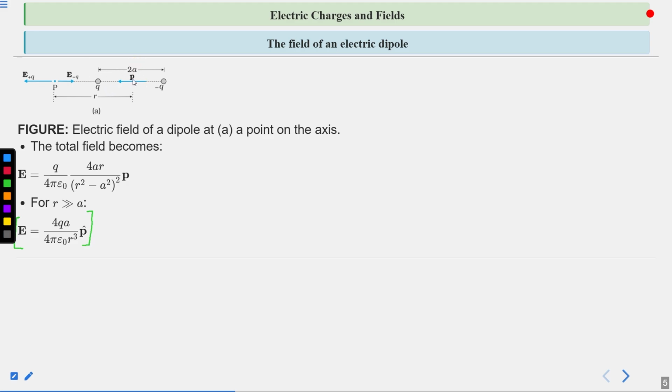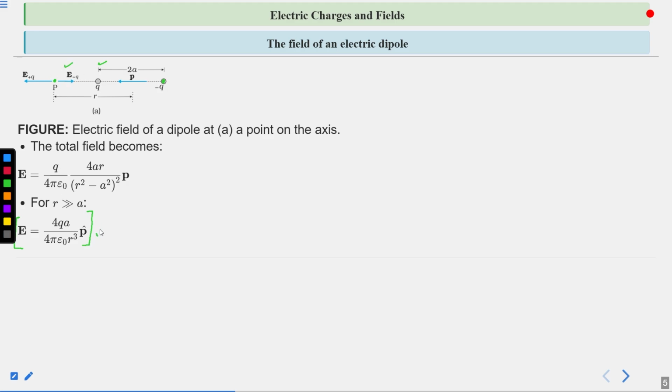Let's talk about the direction of the electric field. Firstly, look at here. At point P, due to charge plus Q, the charge is positive, so the electric field is towards left, and due to charge minus Q, the electric field is in the right direction.